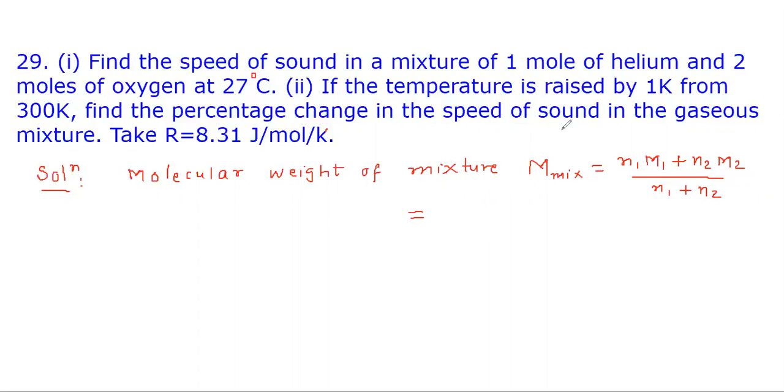Here number of moles of helium is 1 and its atomic weight is 4, plus number of moles of oxygen is 2 and its atomic weight is 32, divided by 1 plus 2. So that gives 68 divided by 3 into 10 to the power minus 3 kg per mole.